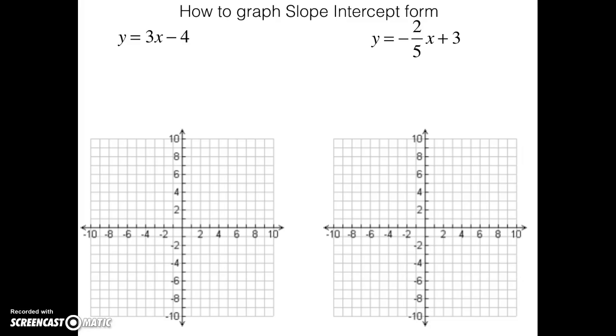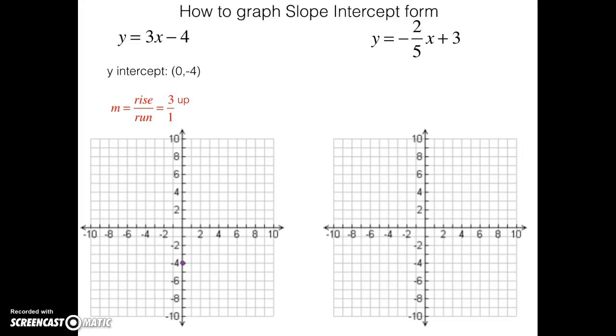How to graph slope-intercept form. So the first equation we have is y equals 3x minus 4. The y-intercept is (0, -4), so we plot that first, negative 4 on the y-axis. Then we use the slope, rise over run.